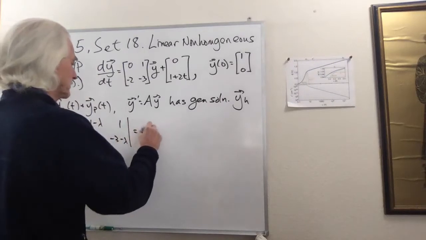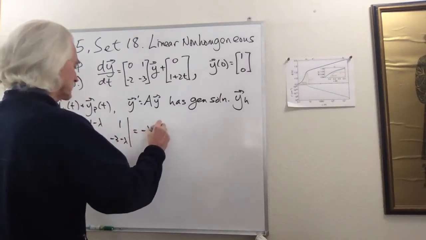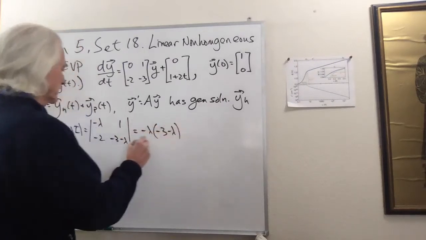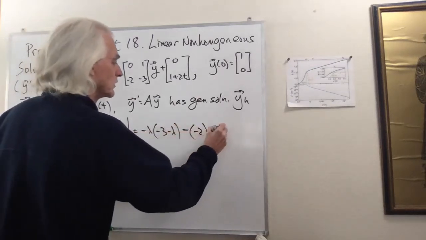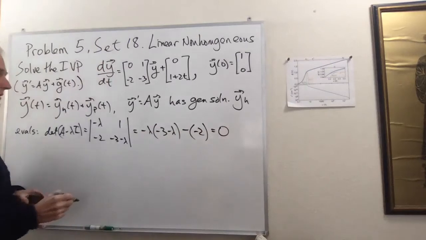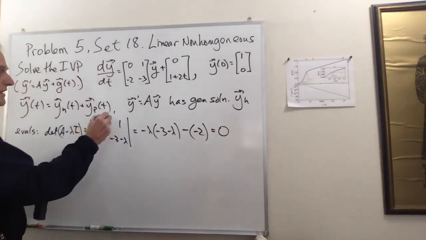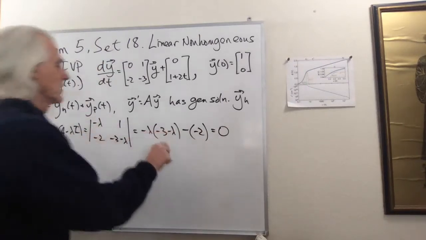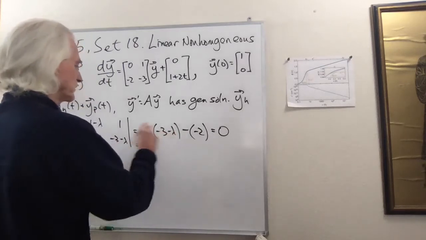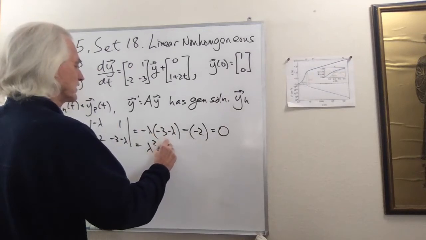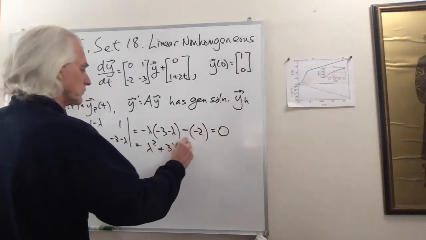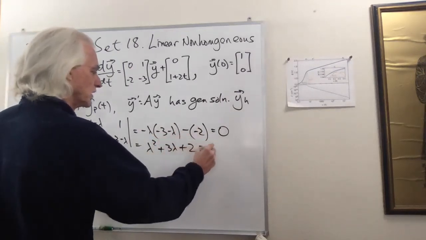And that's going to be negative lambda times negative 3 minus lambda minus negative 2 equals 0. Right? So that times that minus that times that. So let's put the lambda squared first. Lambda squared plus 3 lambda plus 2 equals 0.